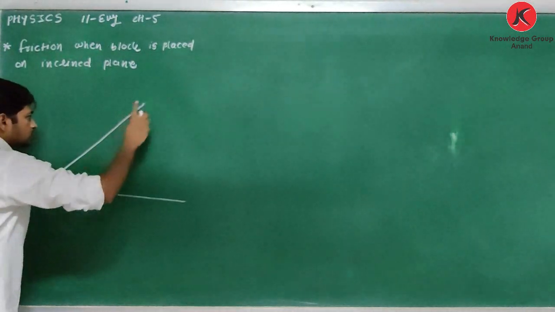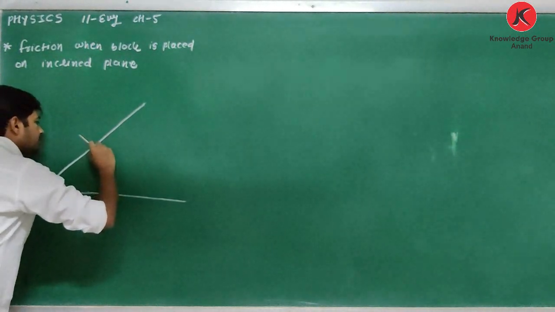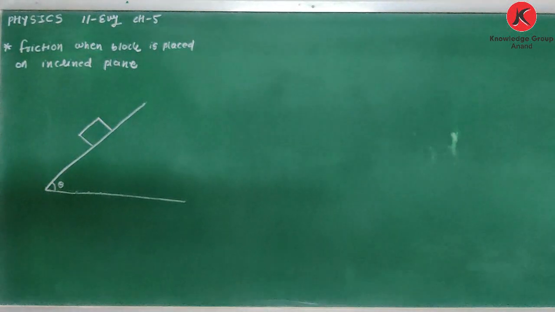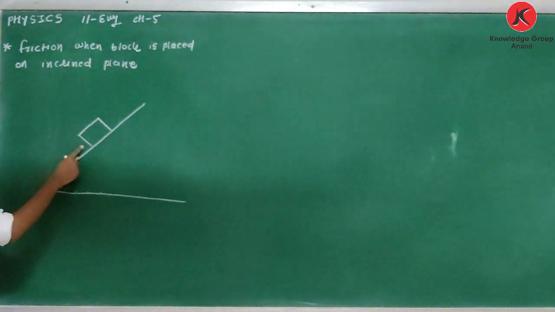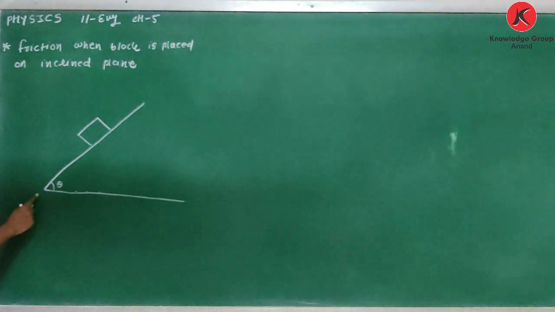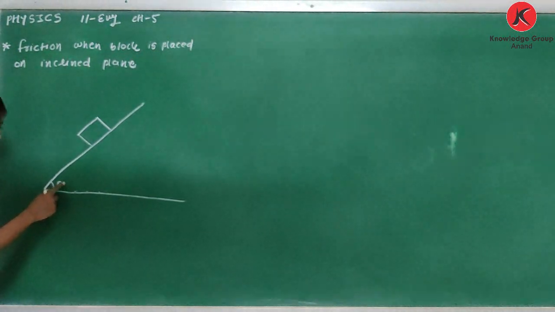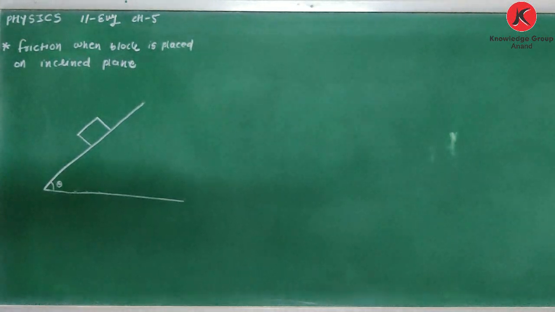And on this slope, on this inclined plane, one block is placed. So this is the situation given: one block at rest is placed on a slope which is inclined at angle theta with the horizontal.